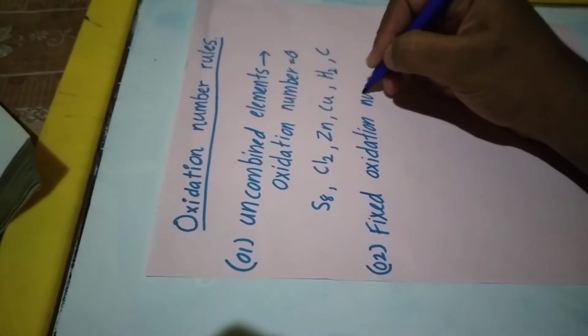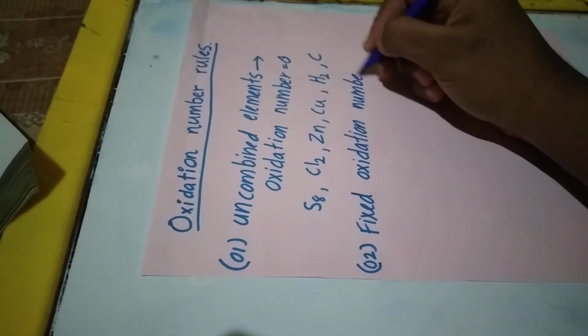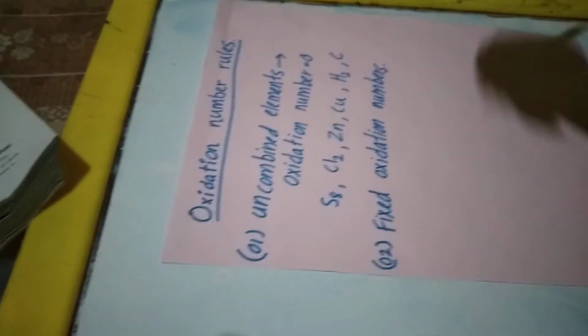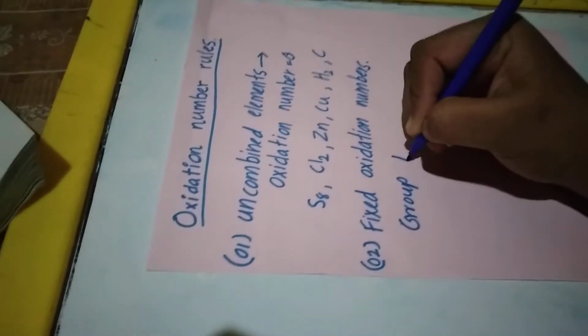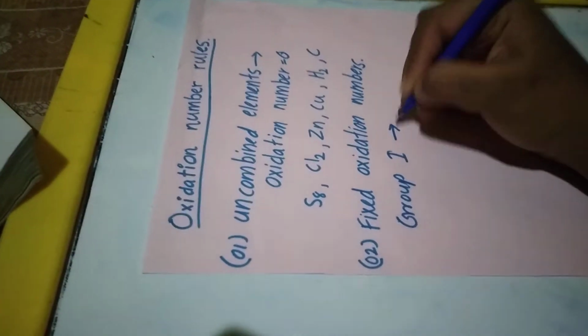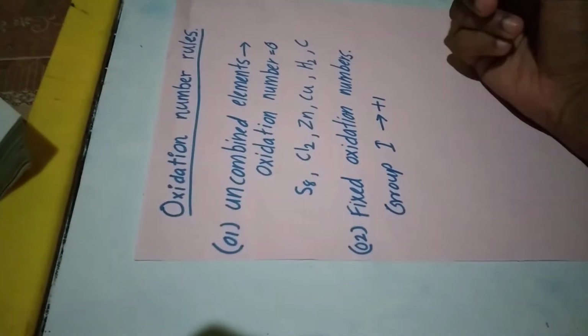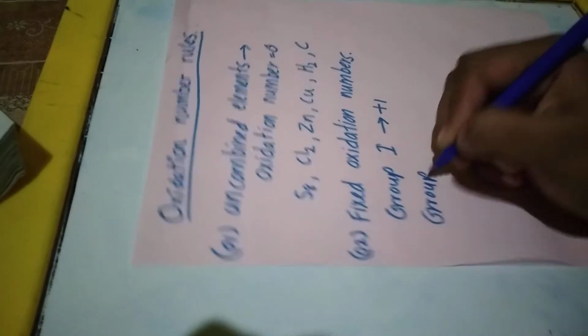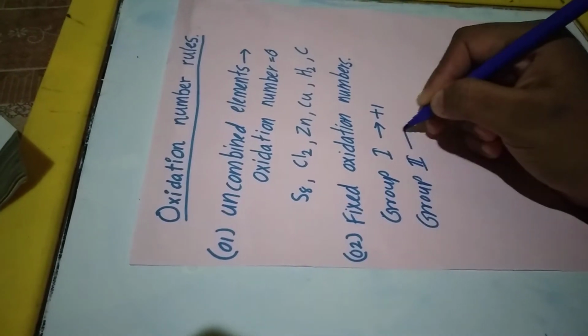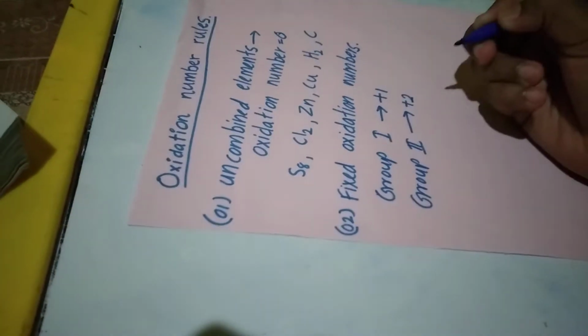When it comes to fixed oxidation numbers, group 1 elements always have the oxidation number +1. Group 2 elements always have the oxidation number +2.